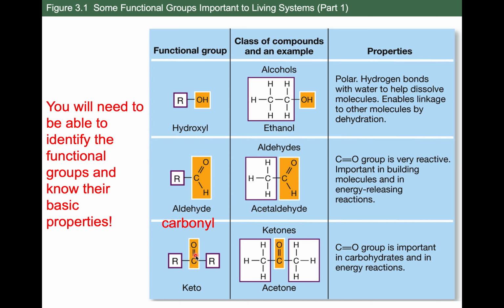But remember, those double lines there are representing a double covalent bond, so the carbon sharing two pairs of electrons with that oxygen. And carbonyl groups are really reactive, so we tend to see carbonyl groups in some of these important energy reactions that are going on in cells. We're going to see these pop up a lot when we talk about cellular respiration in an upcoming chapter.